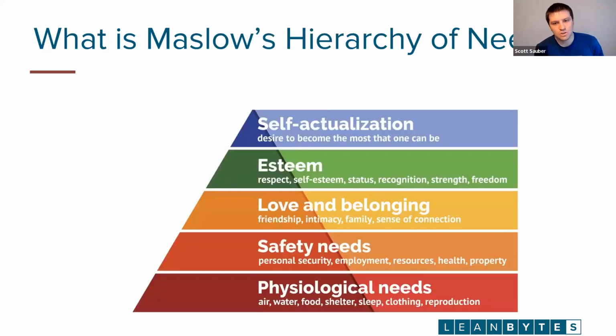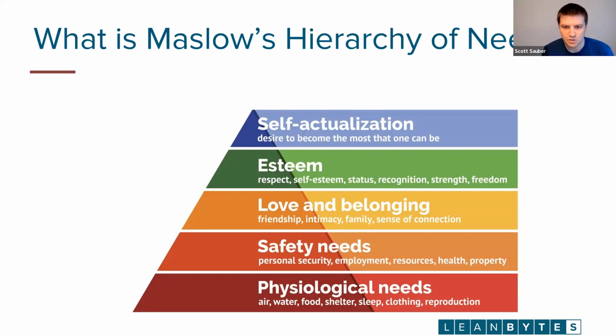For those of you who are new to Maslow's hierarchy of needs, basically it is this right here. Surprise, surprise, it was created by a guy named Maslow, I think back in the 40s. The idea behind Maslow's is you need some of these lower building blocks before you can graduate up to these higher building blocks. For instance, at the very bottom, physiological needs, you need things like water, food, shelter before you start worrying about your safety needs, like your health and property.